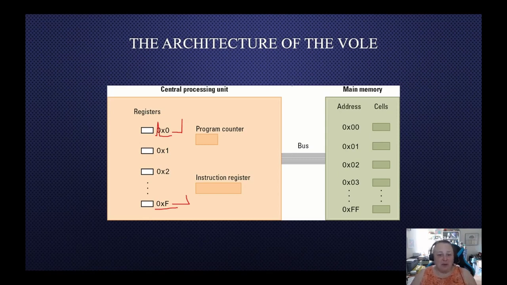Our VOL is also going to have some main memory over here on this right-hand side. And remember, each hexadecimal number is 4 bits. Each register is 1 byte, so each register has 8 bits.